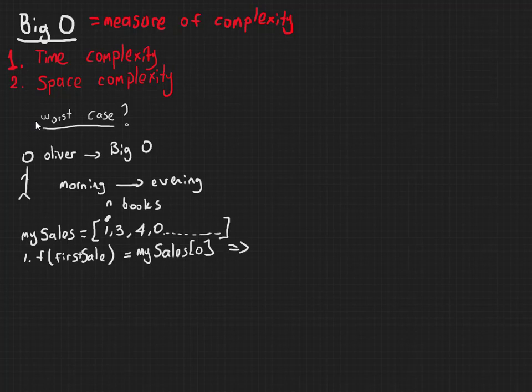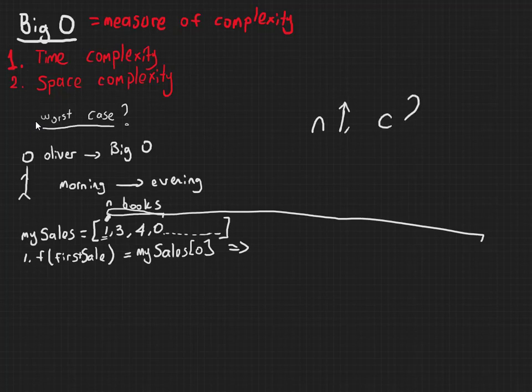So now let's think. If my array was this big, just only consisting of 4 numbers, versus say that my array is now thousands of books, right? Does it make a difference for me time-wise to go and find the first element with a small array versus big array? In other words, when my n increases, how much my complexity changes?